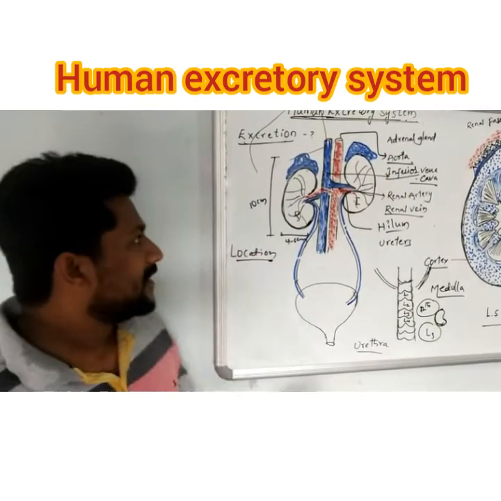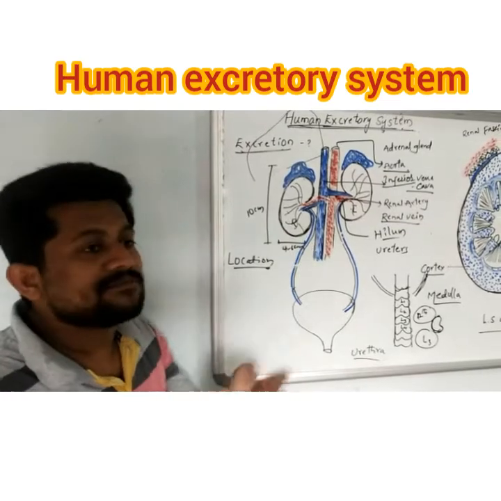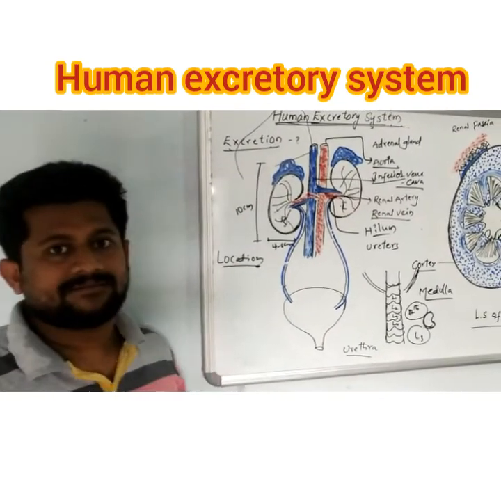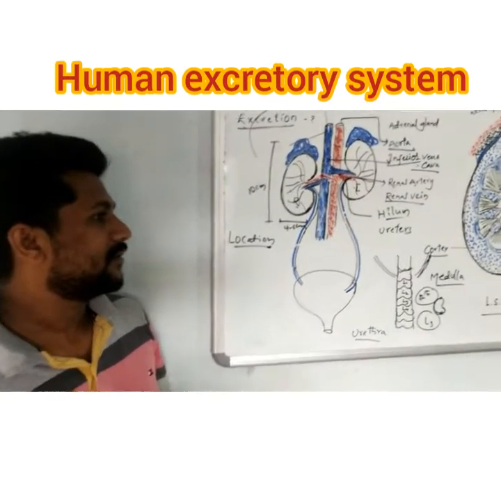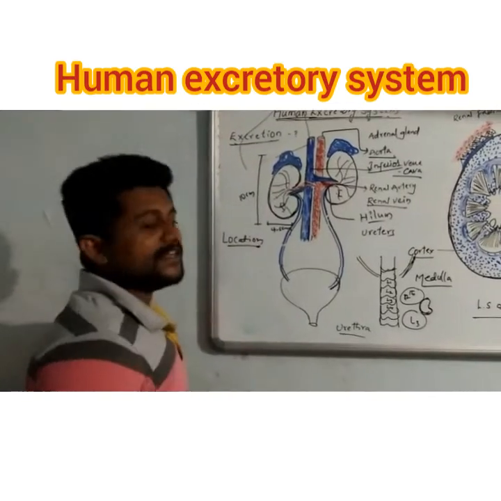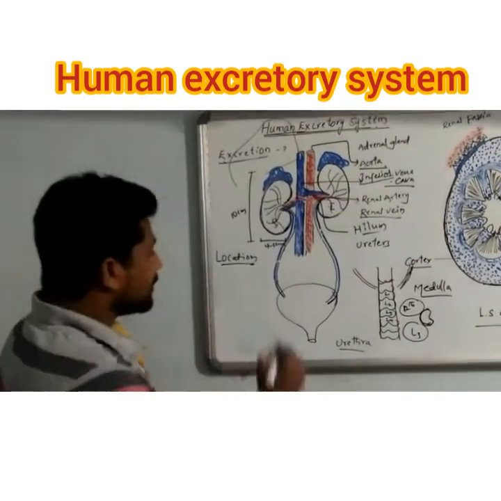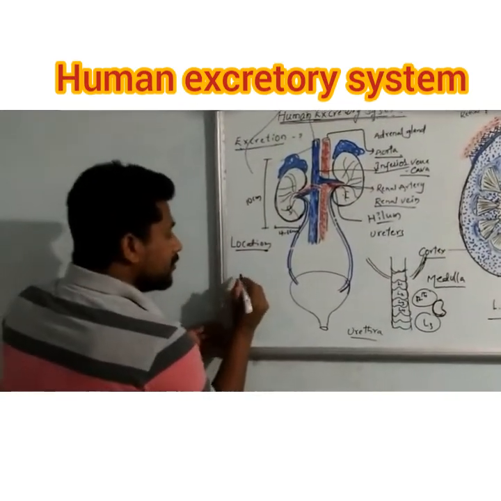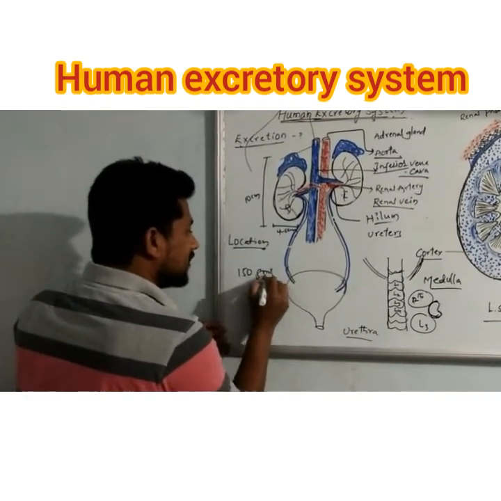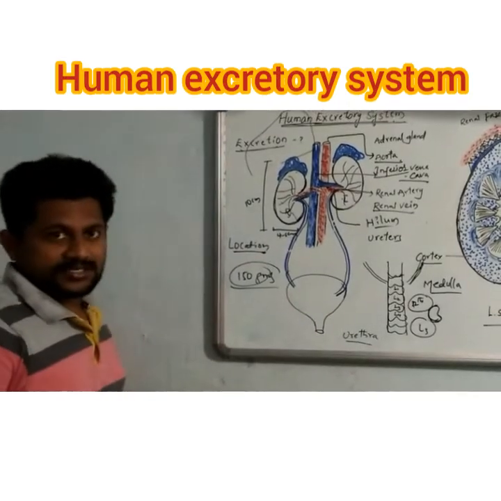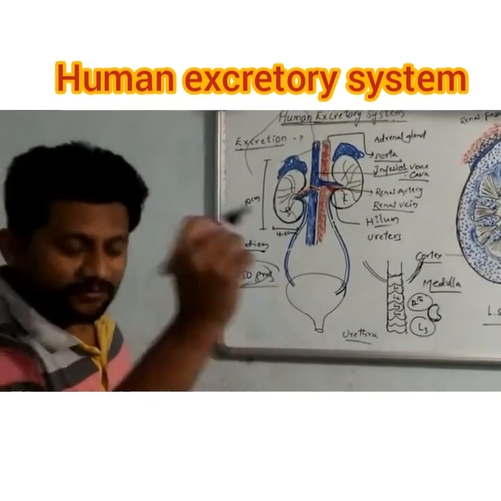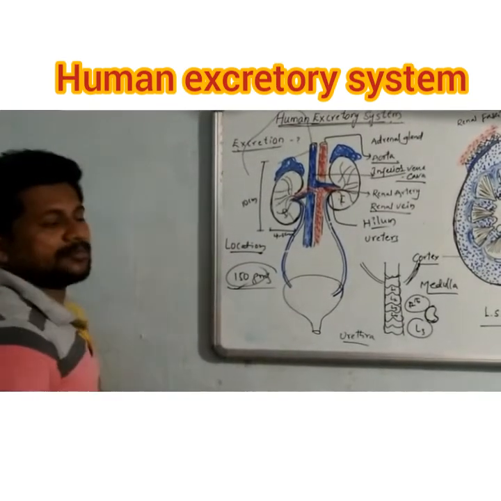This is the blood circulation to our excretory organs. Finally, each kidney weighs nearly 150 to 170 grams in adult human beings.